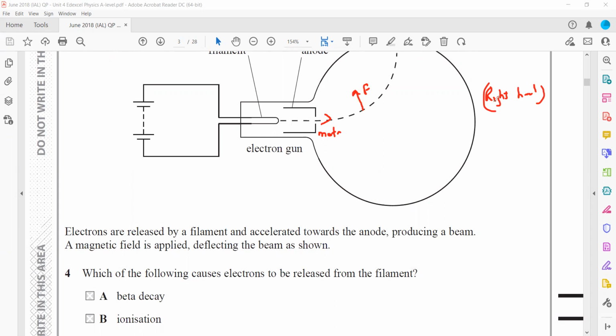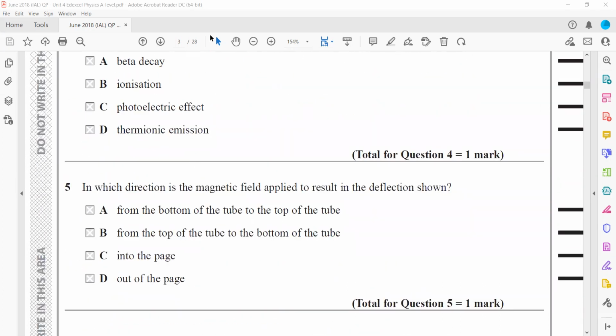If my index finger is pointing into the page, using the right hand, the electron should deviate in this way. But the electron is going up. So what does it mean? It means the direction of the magnetic field is out of the page. So D will be the right answer. Good.